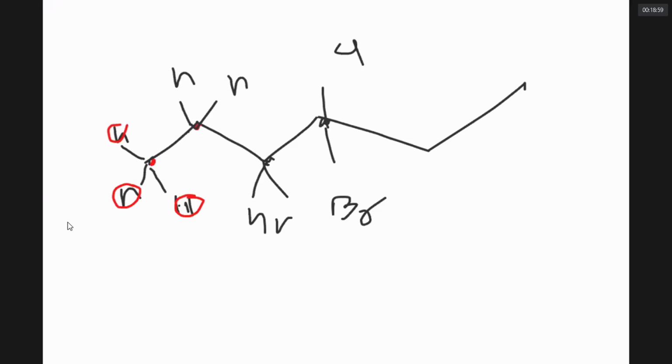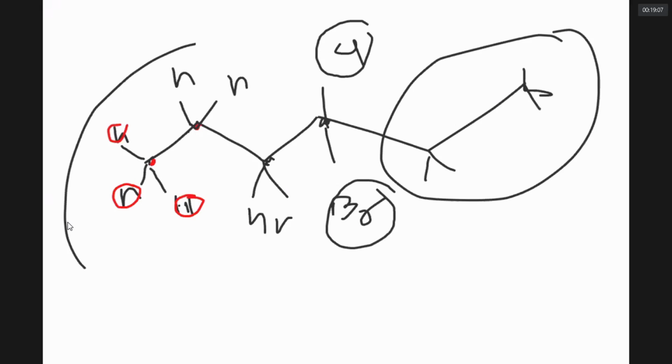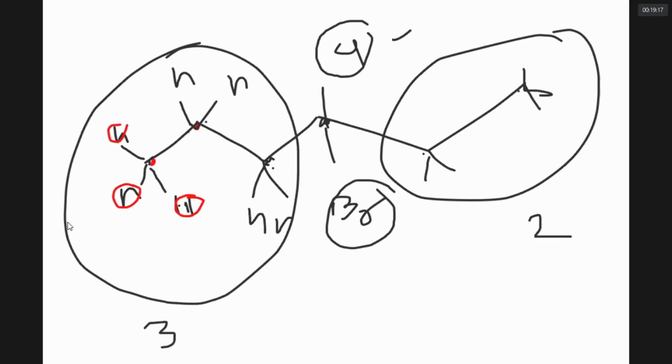It is locked to Cl. It is locked to Br. It has an ethyl group this side, another group this side. Is it ethyl or methyl? 1, 2, 3. It is 2. One side a 2 carbon chain, one side a 3 carbon chain, one side Cl, one side Br. It is chiral. This carbon is not chiral.